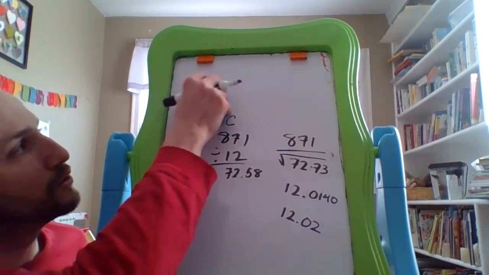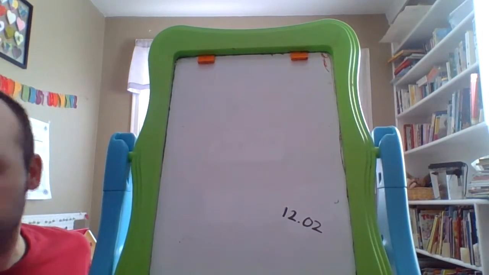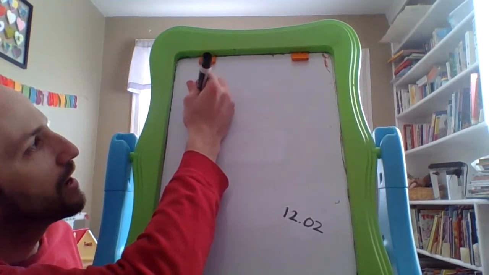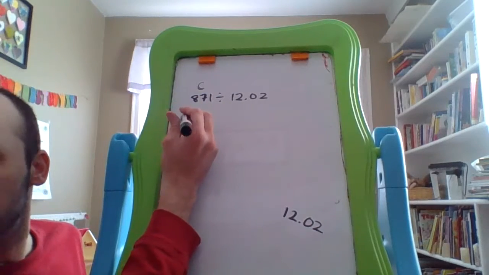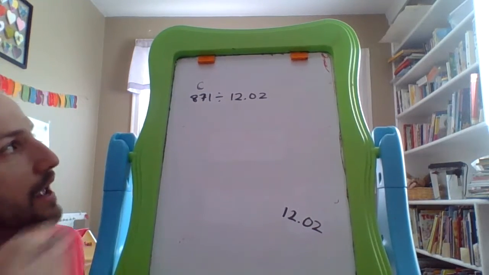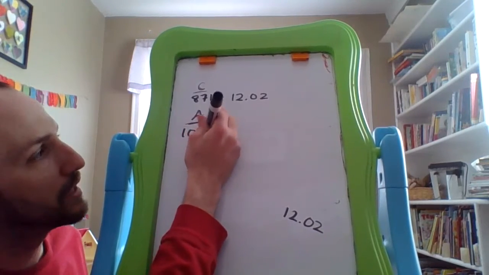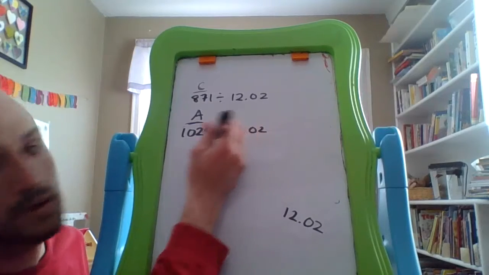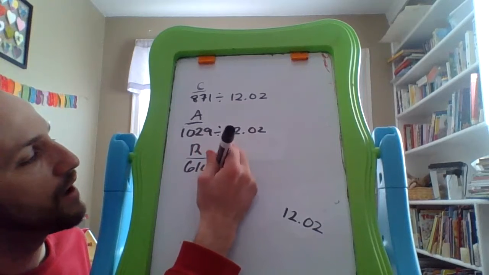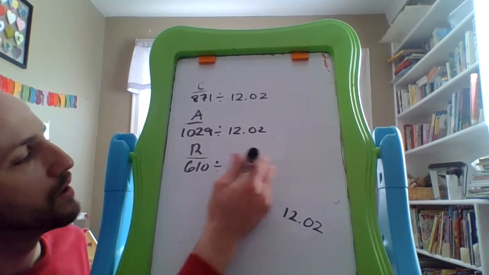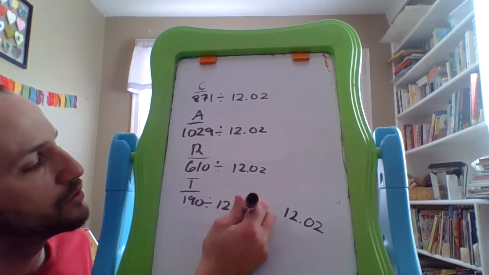To round out this problem, I would take Charles's 871 divided by 12.02, Amy's 1,029 divided by 12.02, Rosa's 610 divided by 12.02, and Terry's 190 divided by 12.02.